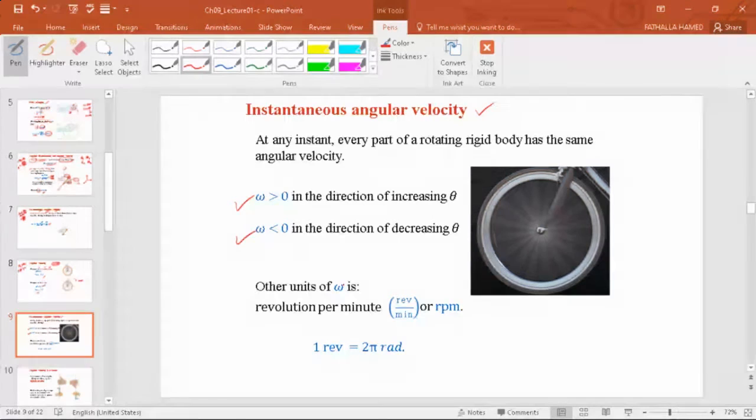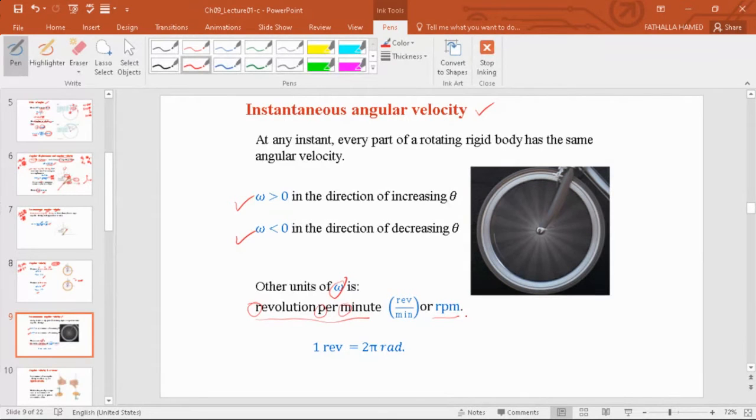Now, what are the units of omega? Well, the units of omega, as we discussed, is rad per second. But there is also a unit that is commonly used, which we call revolution per minute, which is RPM. So R for revolution, P for per, and minute. Okay, so we call it RPM.